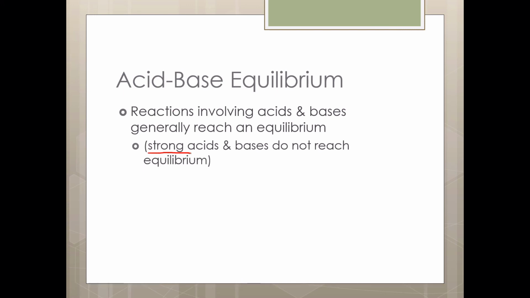These substances generally do not reach equilibrium. And that's partly because the nature of strong acids and bases is such that they will always give away hydrogens or they will always accept hydrogens. There's kind of no in between for them.